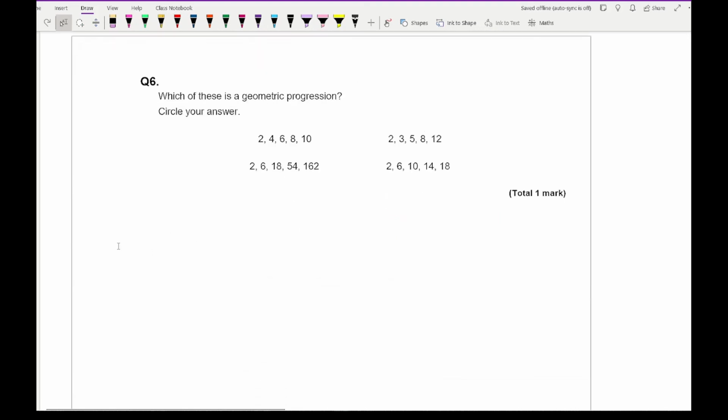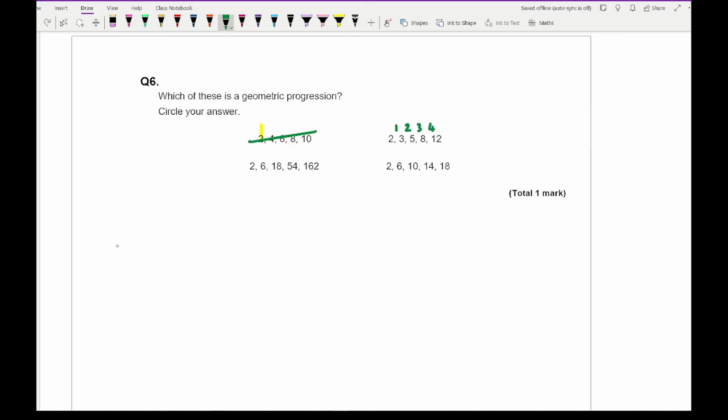For question 6, very, very similar. Again, I'm looking for which ones show a common ratio. I can pretty much discount this first one, so I could put a line through it, so it's definitely not going to be that one. In terms of this, the difference is 1, 2, 3 and 4, so that's not going to work.